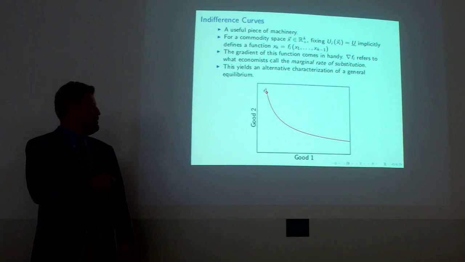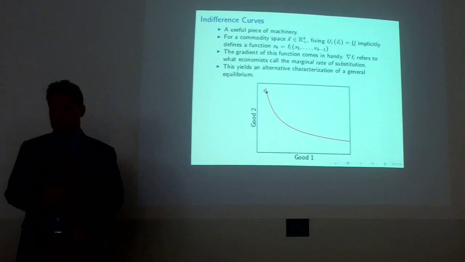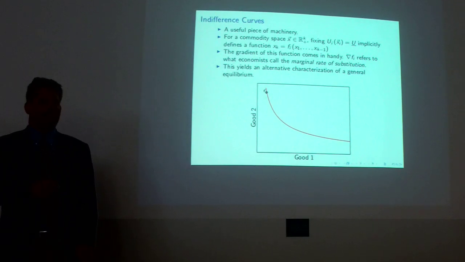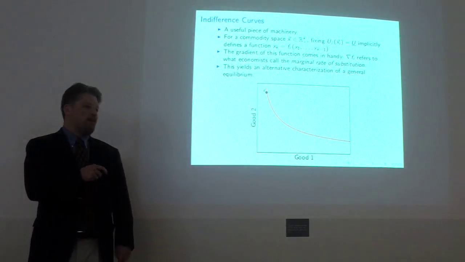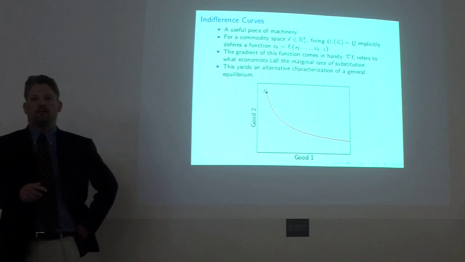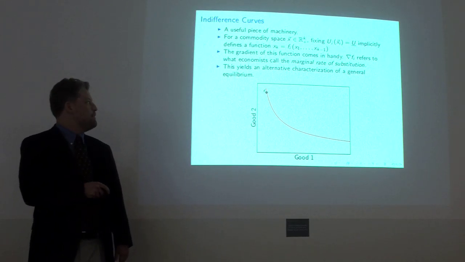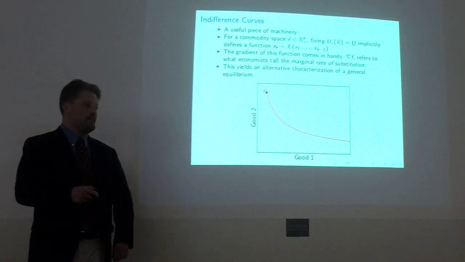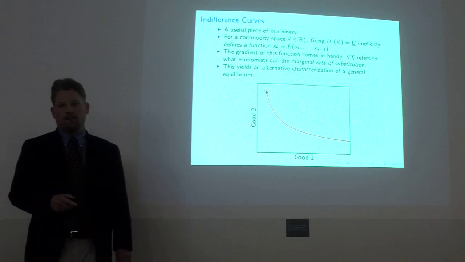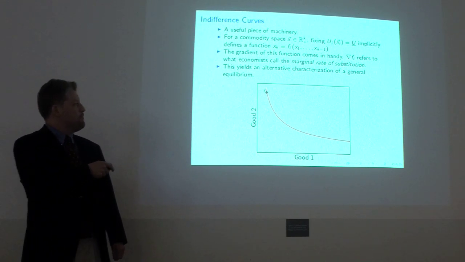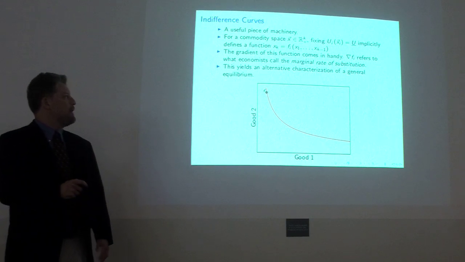So, if you take a utility function and you fix a utility level, and you consider all the possible bundles that give you the same utility level, that forms, in two-dimensional space, what we call an indifference curve. You might call it an indifference surface more generally, but that forms a set in space.